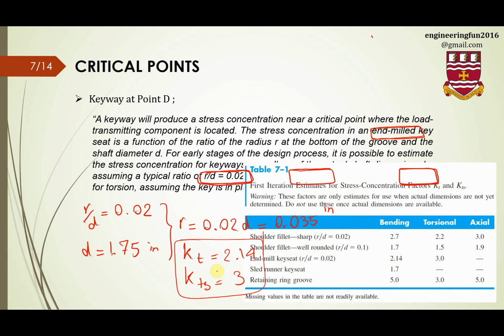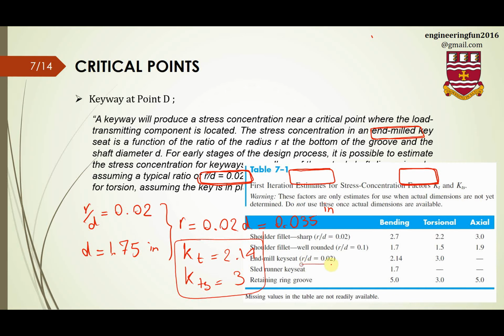The amounts of KT and KTS are from this table. This table gives us the stress concentration factors based on the situation that we are in. For example, in this question, we are in the third line, end mill keyseat.